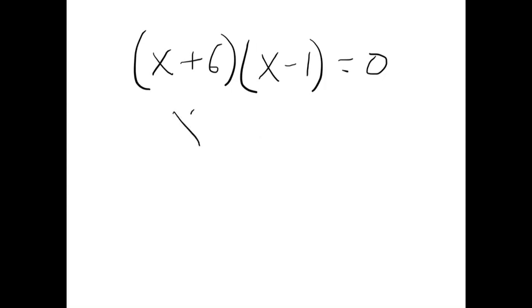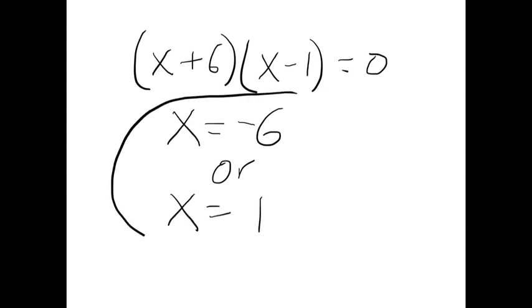Here's a better way to write the answers here. We know that x equals negative 6 or x equals positive 1. Those are the answers. Those are the 2 values that if I plug them into the original quadratic equation, the answer will be 0.